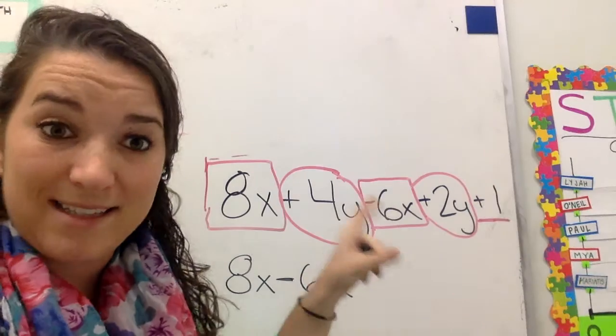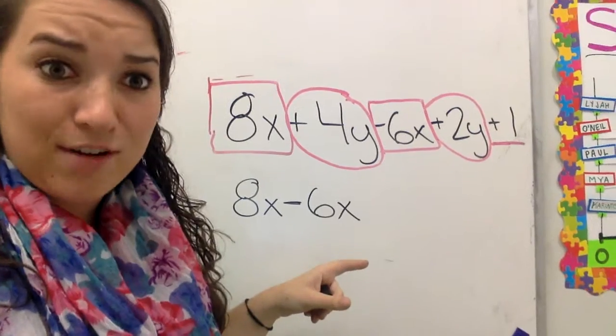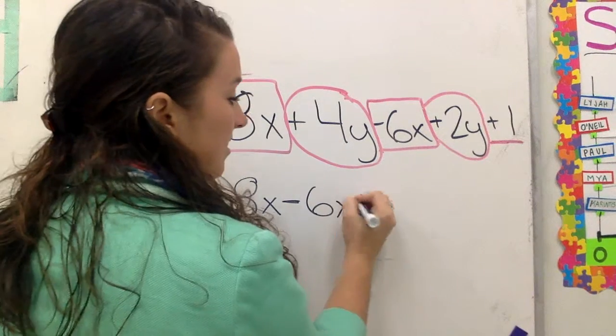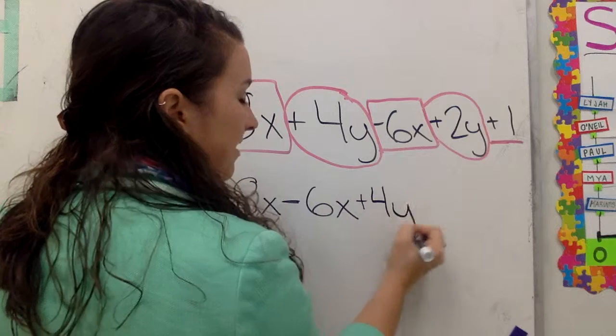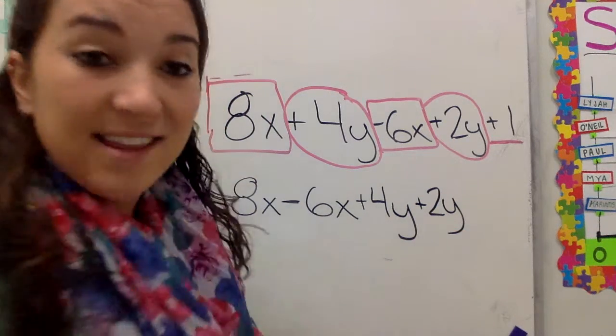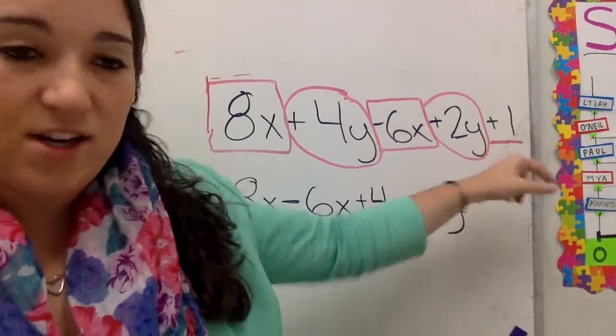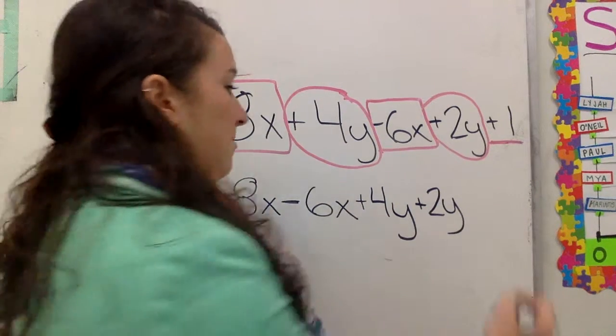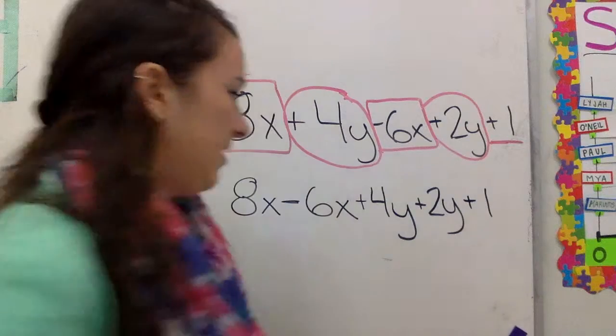Remember, keep the sign the same. Now I'm going to add the terms that have a y. So I have plus 4y and plus 2y. And last but not least, I'm going to add my underlined term here at the end, plus 1.